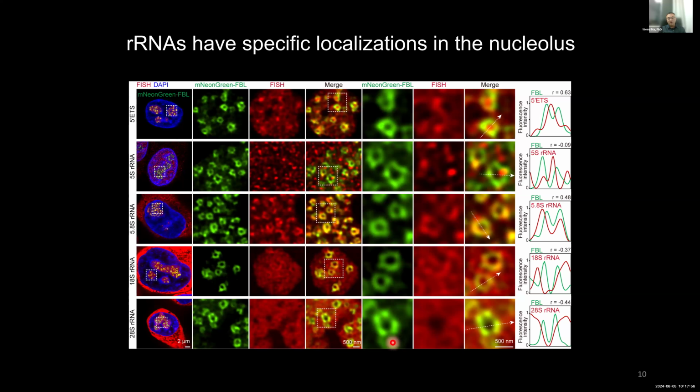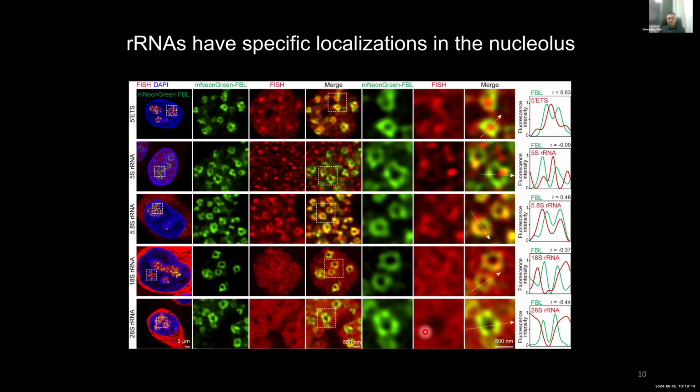I would like to point out that 28S RNA is very interesting. It looks very similar to the PI signal because in the FC region, which is here, the 28S RNA is largely excluded and is enriched in the GC region.